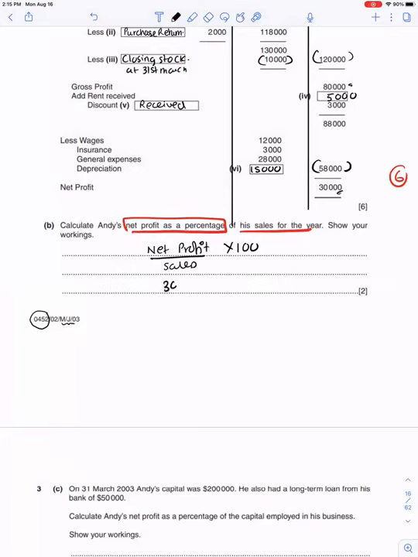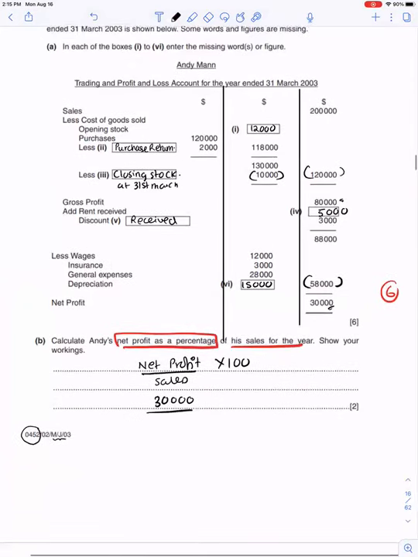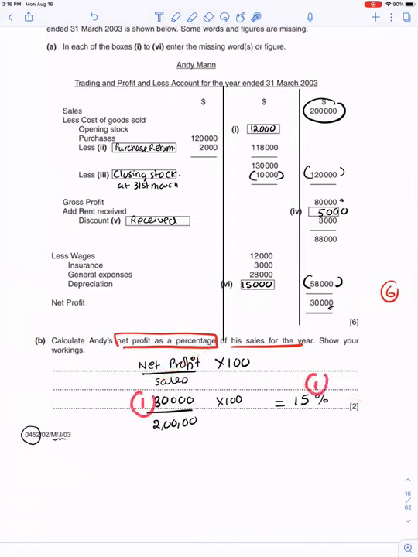It is 30,000. What is the sales? The sales is 2 lakh. Into 100. So you get net profit as a percentage of sales, which is coming up to 15%. It is not necessary to write the formula. It is just carrying 2 marks. So 1 mark for showing this and 1 mark for this. Let's proceed ahead.